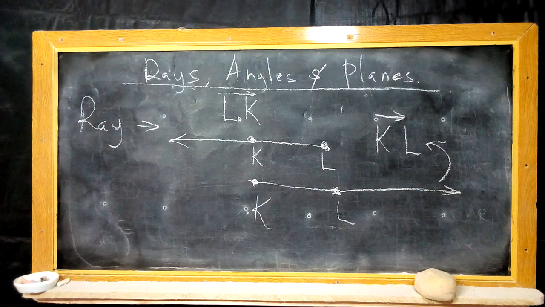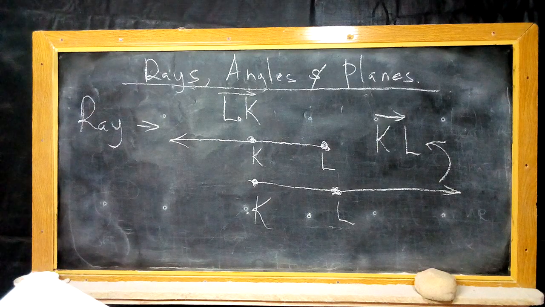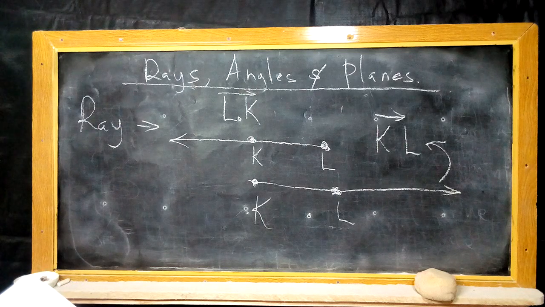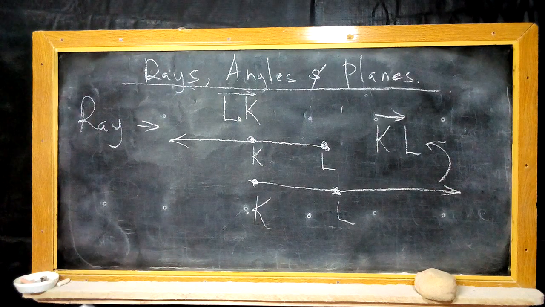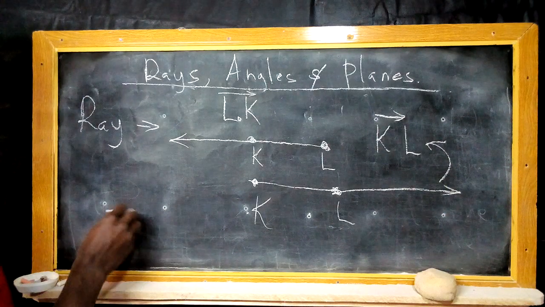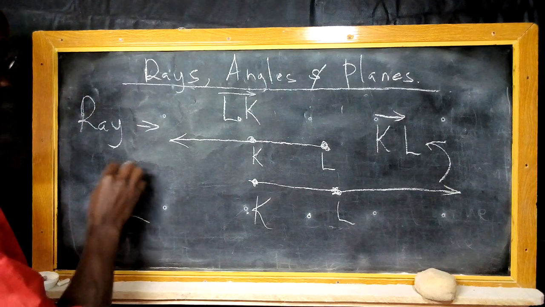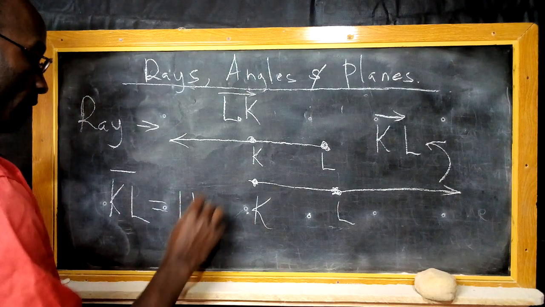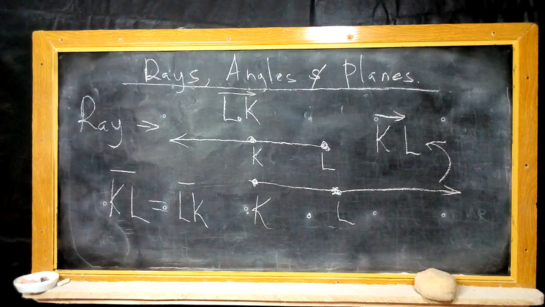And therefore we can look at this and say that if we write KL, this is a line segment, equals LK. Of course, we are going to talk about scalars and vectors, where we are going to denote magnitude and direction.